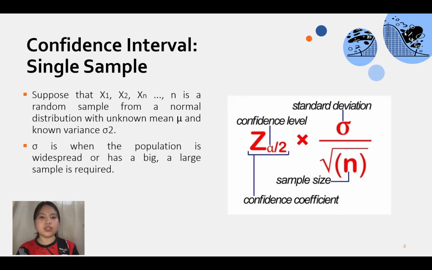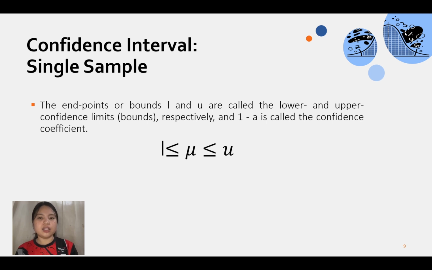If the population is not normal, a large sample is required. Next, the endpoints or bounds L and U are called the lower and upper confidence limits, respectively, and 1 minus alpha is called the confidence coefficient, where L is less than or equal to mu and mu is less than or equal to U.